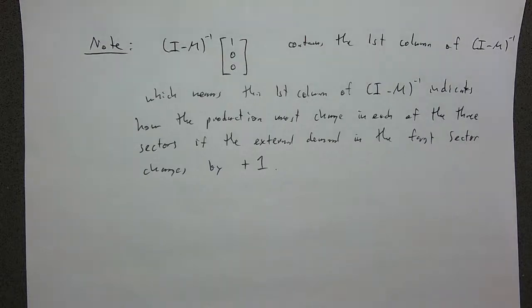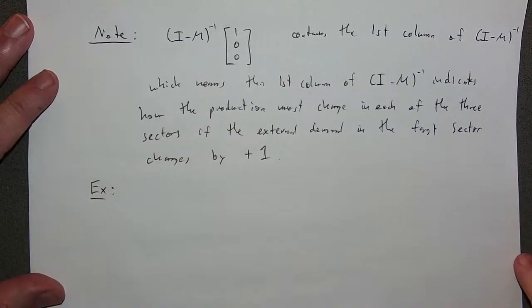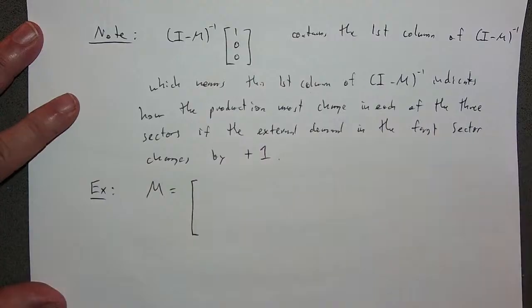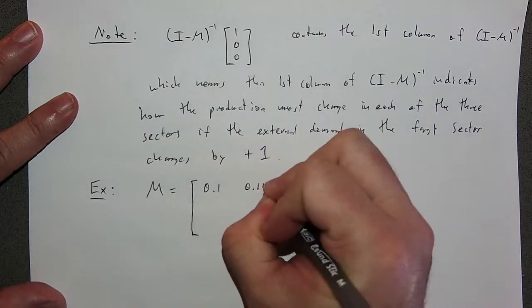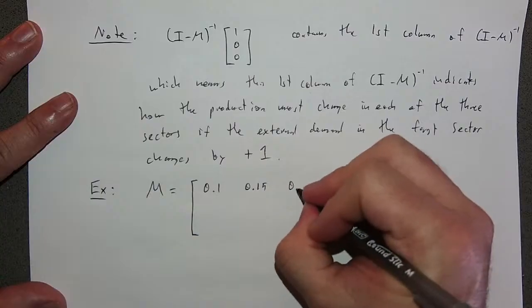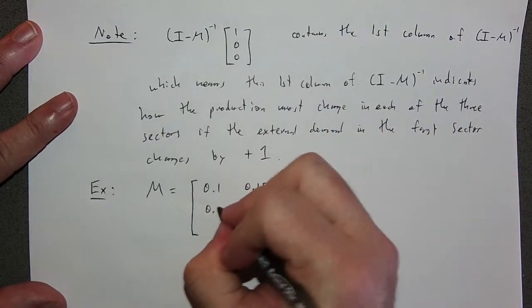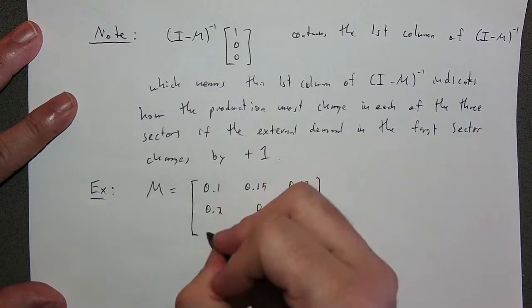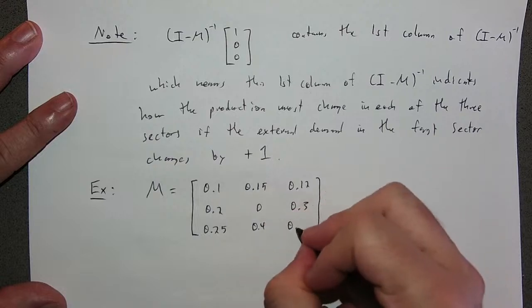So, to see this, let's say that I have a consumption matrix N that looks like this: 0.1, 0.15, 0.12. You might remember this matrix that we started out with today. 0.2, 0, 0.3, 0.25, 0.4, 0.2.